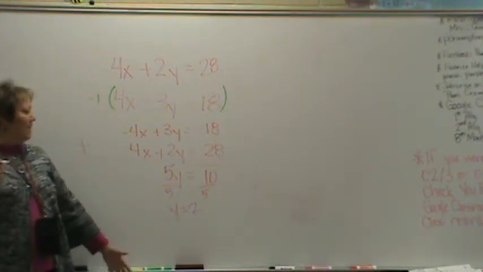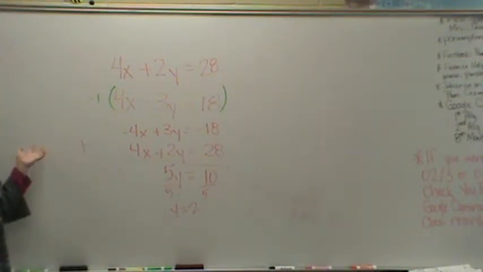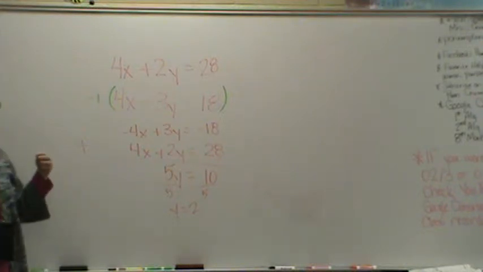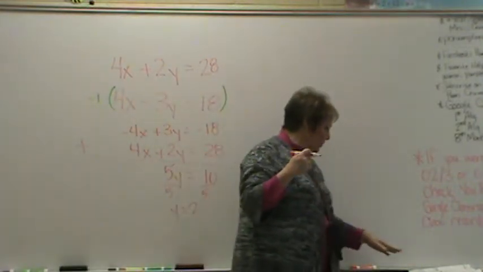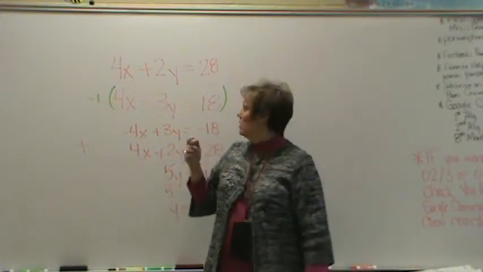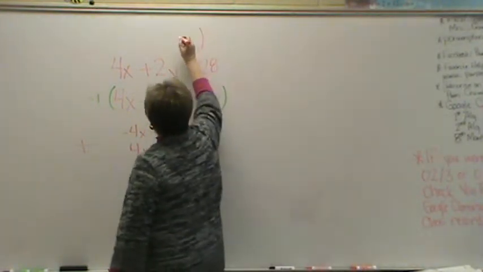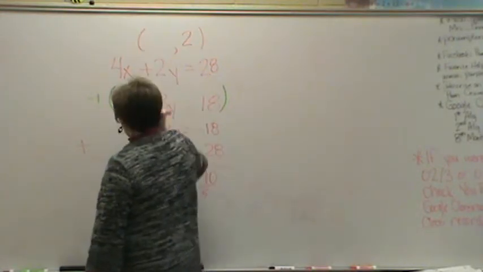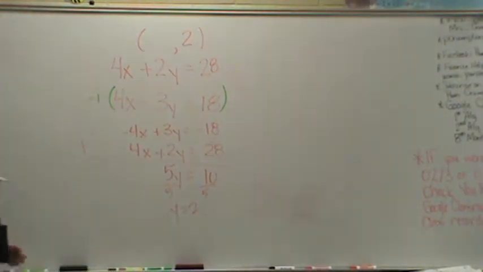All right, so we've had time. What did we end up getting? x equals 3. Did anybody else get x equals 3? I got 6. Let's hear from somebody else.